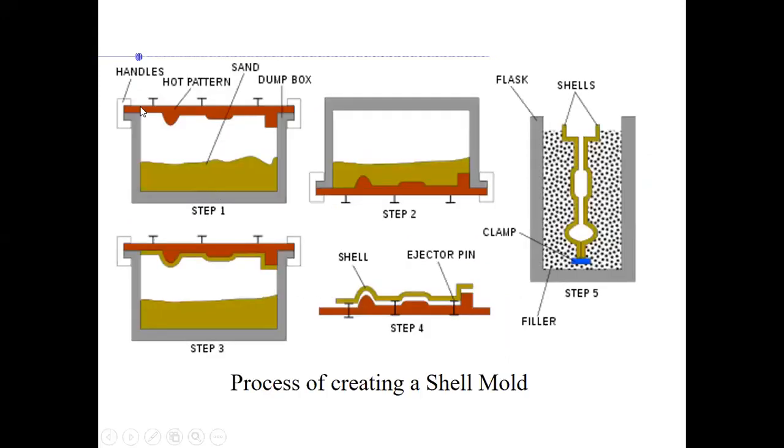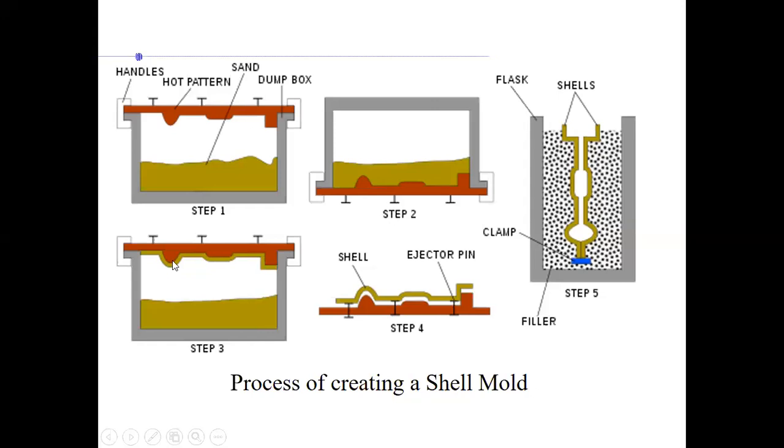You see here, what you have here is sand. We'll go step by step so you can understand what is happening. You have sand here, and you have a hot pattern. This is heated. Why? Because in step 2, when it is turned upside down, the sand will come onto this heated pattern. Then it is turned upside down again, so that the sand sticks to the heated pattern.